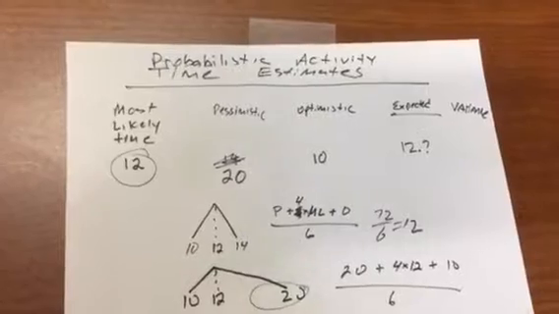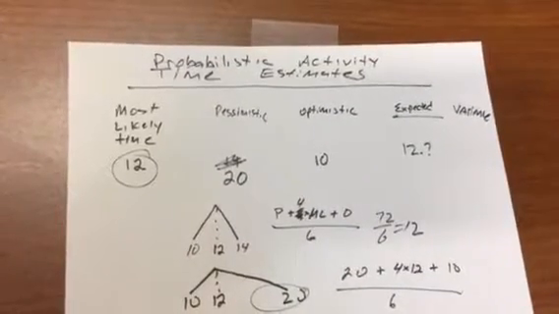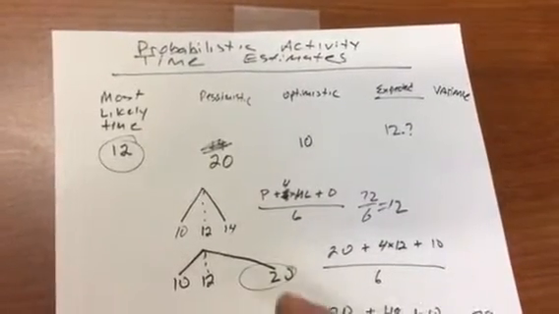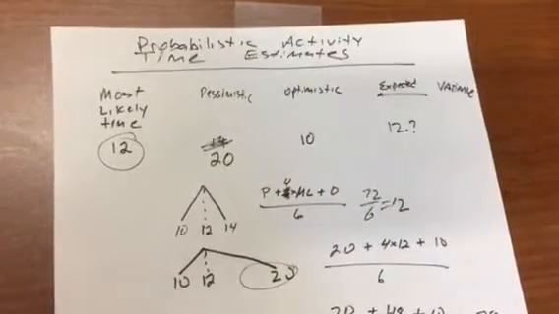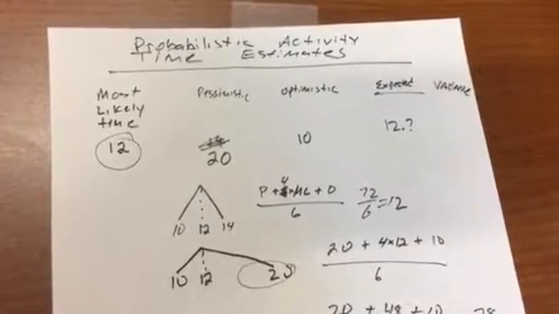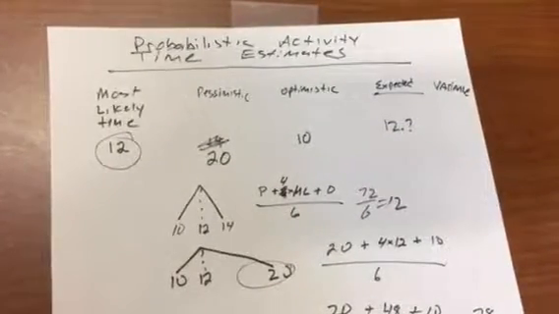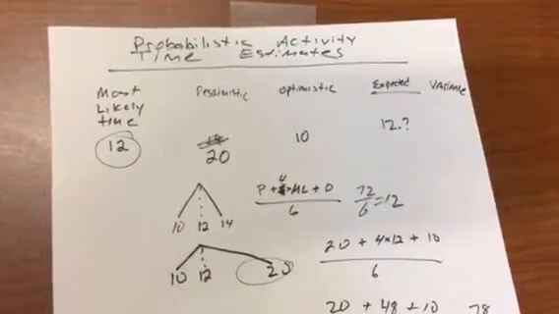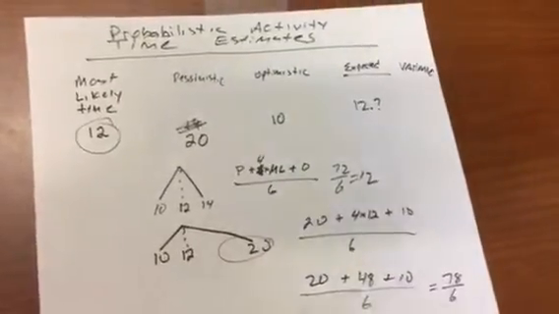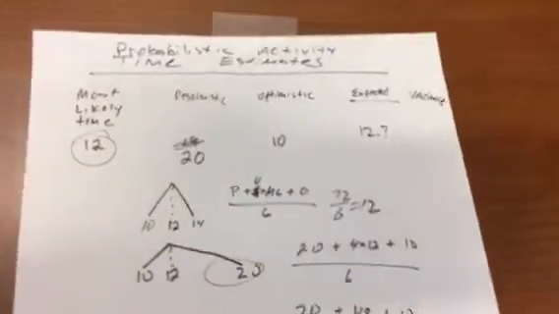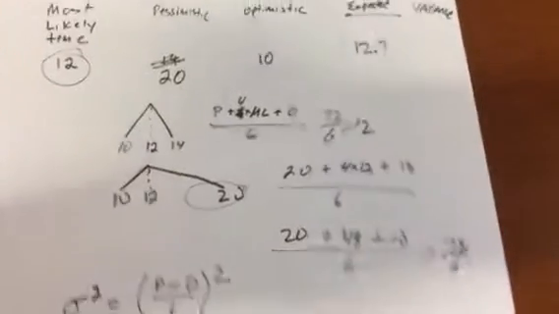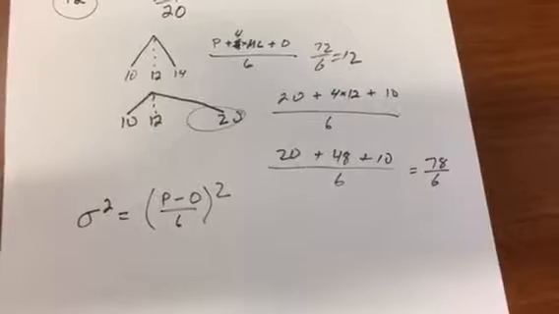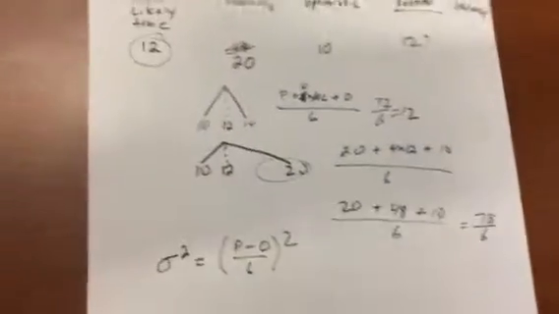The formula for the variance, with the symbol sigma squared, is the standard deviation squared. It's the difference between the pessimistic and the optimistic time, divided by 6, all squared.